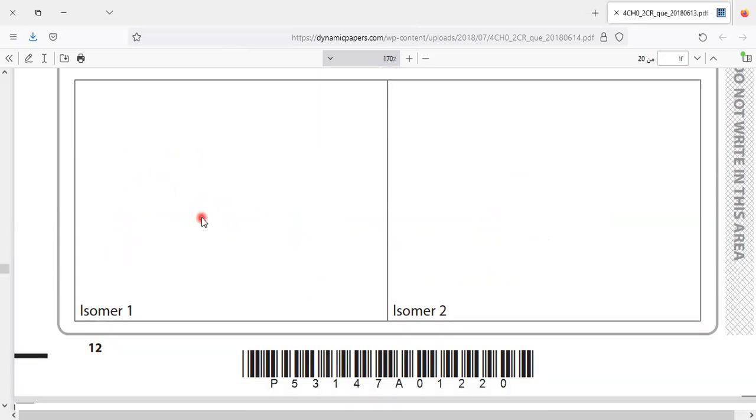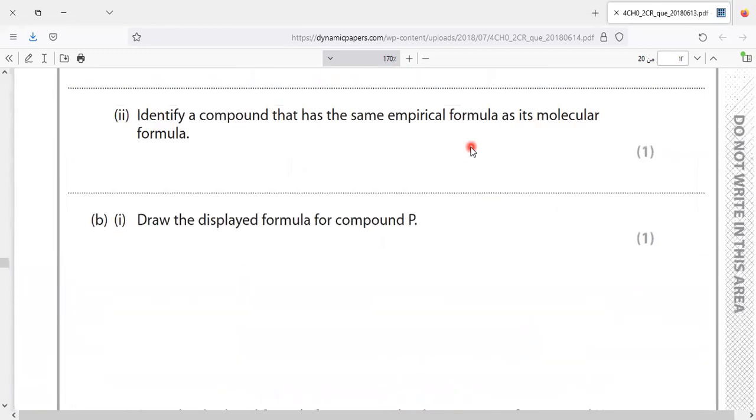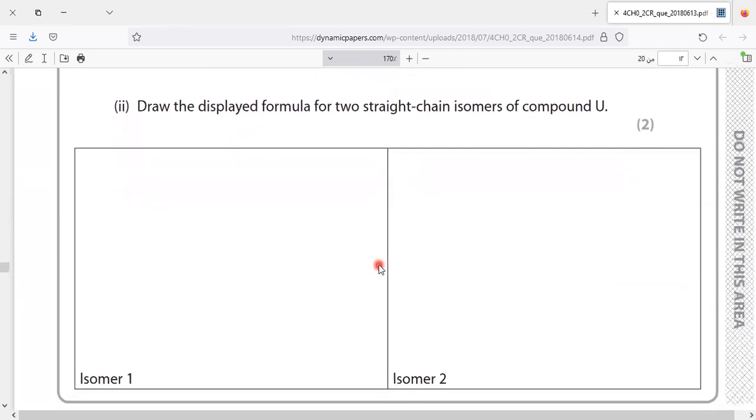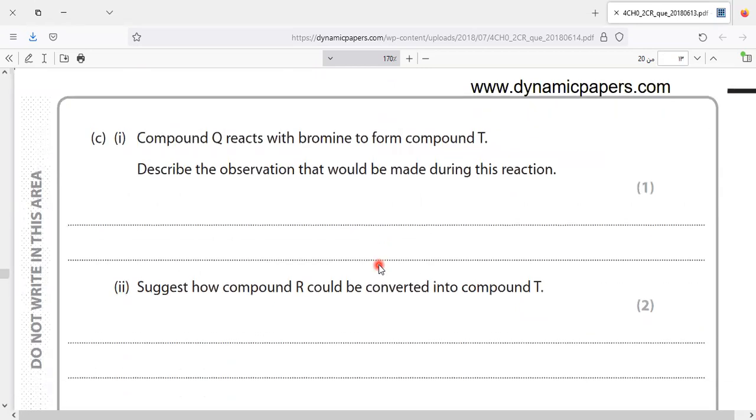Okay, next question. Describe the observations that would be made during this reaction, when compound Q reacts with bromine to form compound T. This is the test for alkene. What will you see? What is your observation, Muhammad? Describe during the reaction.